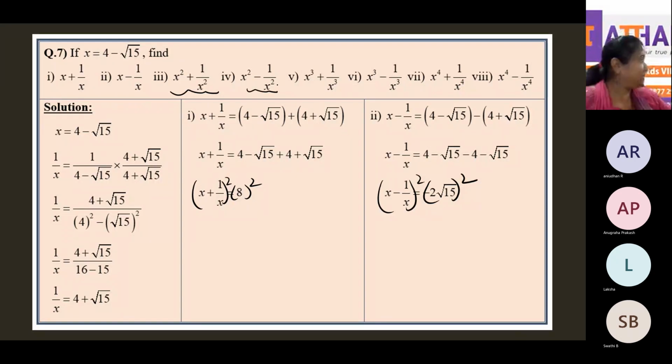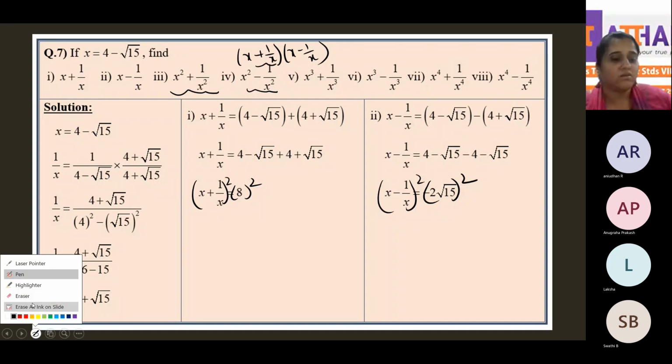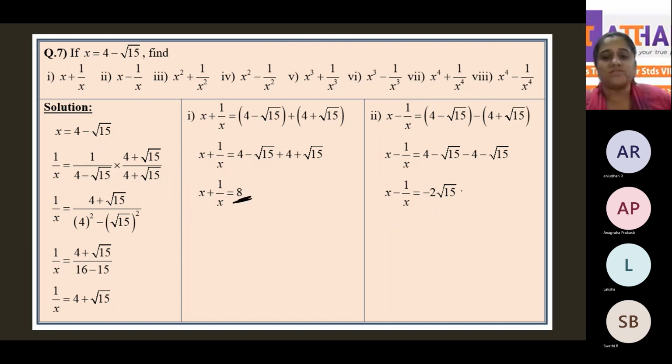To find x squared minus 1 by x squared, a squared minus b squared is a plus b into a minus b, correct? So we know x plus 1 by x and x minus 1 by x, and the product will give you x squared minus 1 by x squared.